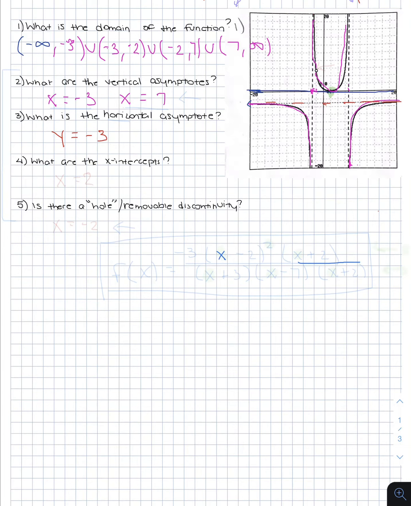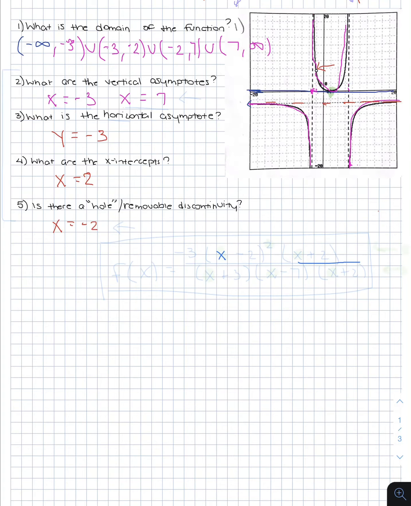This x-intercept is at x equals 2, and if we also take a look, there is also a hole on this function right here, and that hole is at x equals -2.